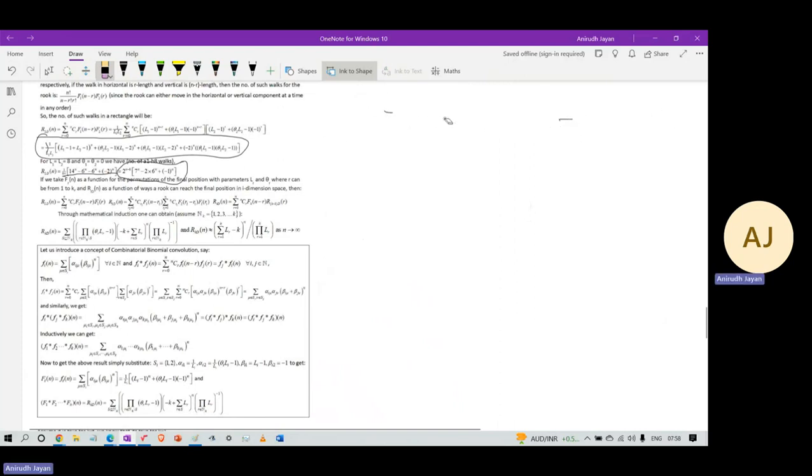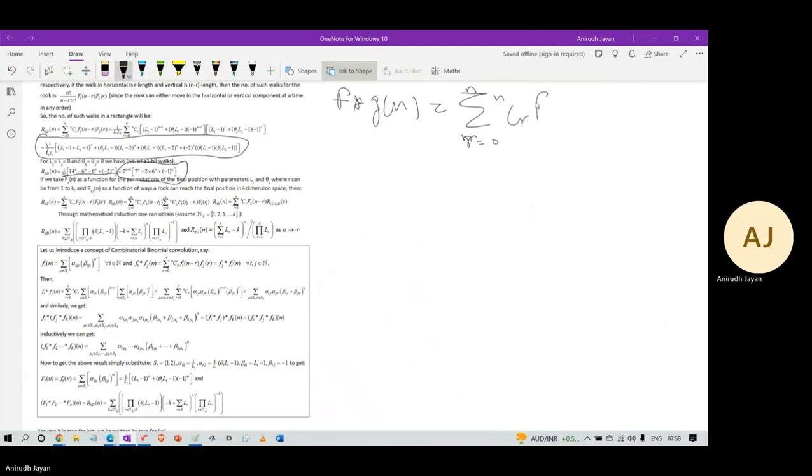Now, for binomial, let us define f star g of n as the sum of NCR f of n minus r g of r, the binomial sum of these products.